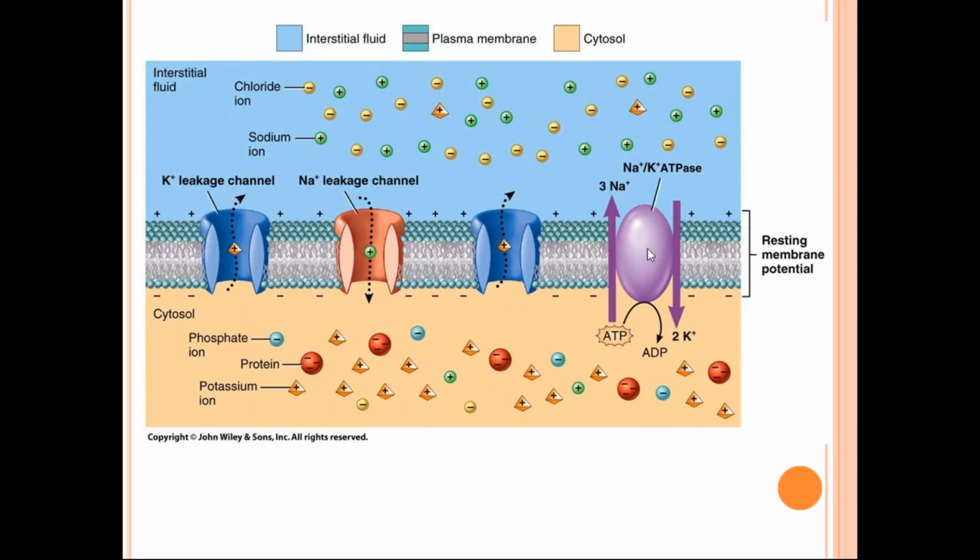Okay, now a couple of other things contribute to what ends up being this minus 70. You can see the negative all along the bottom here on the inside, the intracellular side of the cell membrane. We also have phosphates and proteins inside our cells that can't leave the cell. As you can see, they have negative charges.